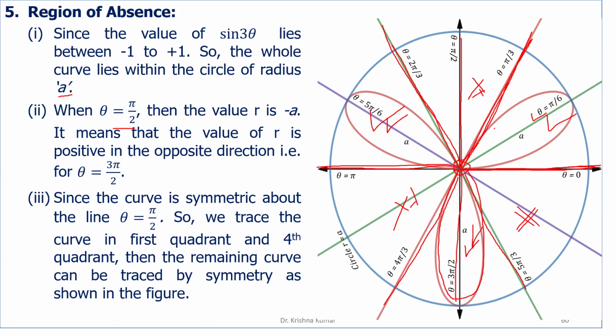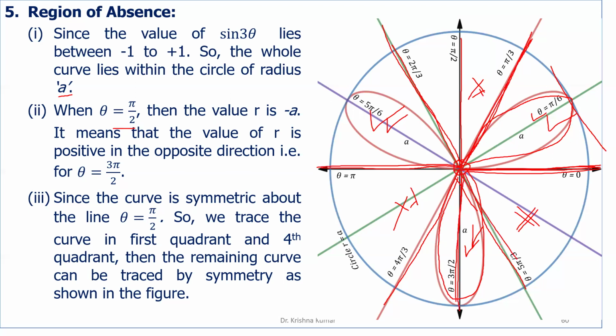Now if we trace the first one, at theta equal to pi by 6, the value of r equal to a. So this is the one loop we are getting, and there is no loop over here. What about this part here? Since at theta equal to pi by 2 it is minus a, there is a part there.